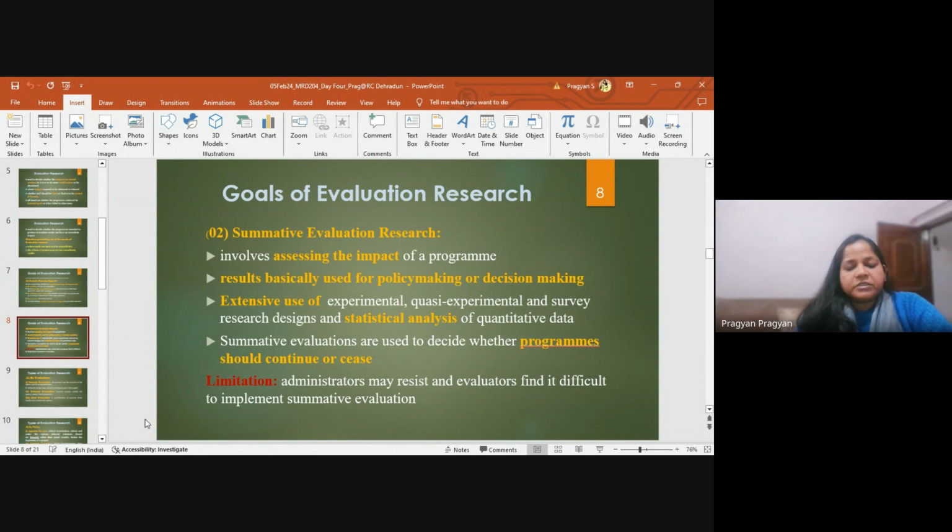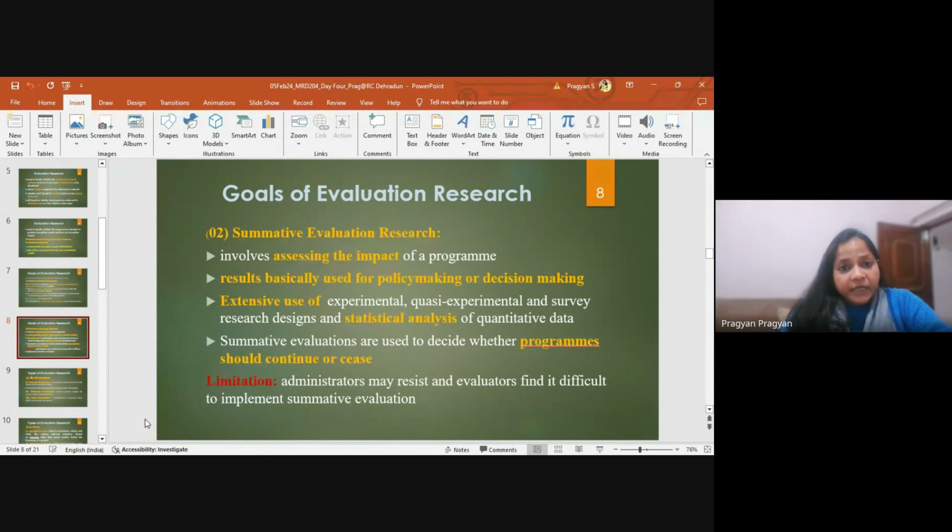So, whenever you talk about summative evaluation research particularly, those agencies can resist your attempts because nobody wants to be labeled as the bad performer, despite your continuous requests and efforts to convince them that this is not the performance of your efforts, this is actually the performance of the development process.